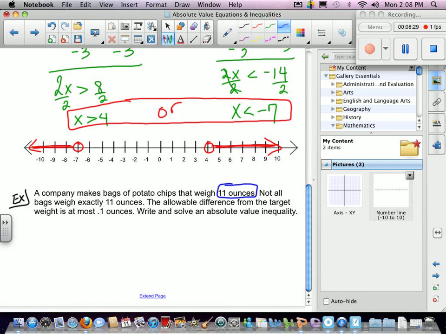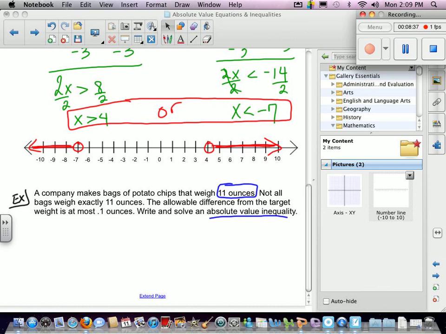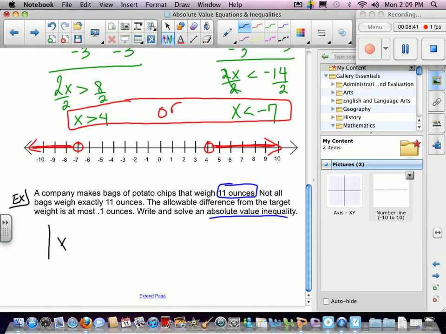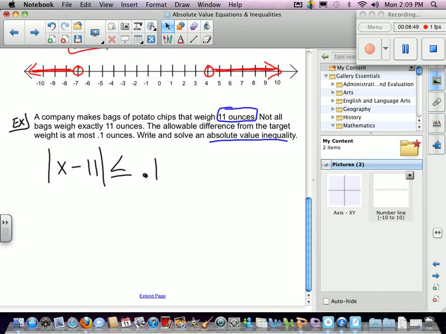So the first thing that we're going to do is to write the absolute value inequality. So we have that the bag is supposed to weigh 11 ounces, and it has to be within 0.1 ounces, all right, or 1/10 of an ounce. All right.